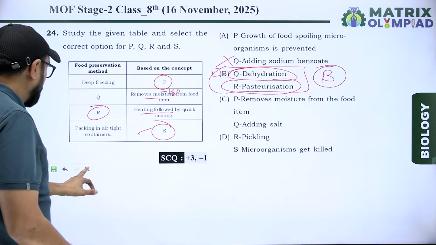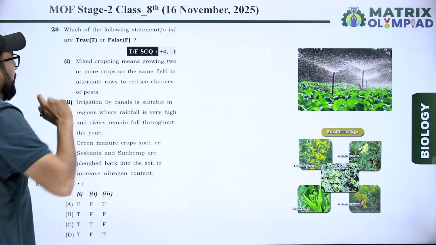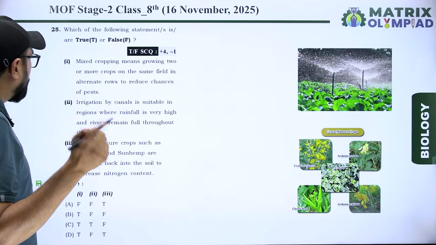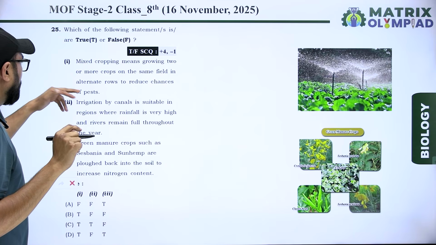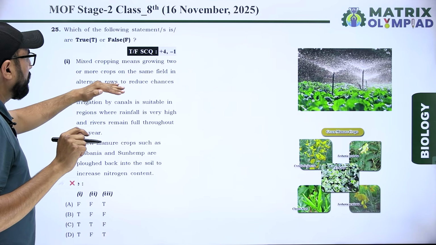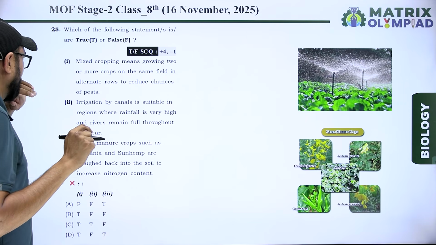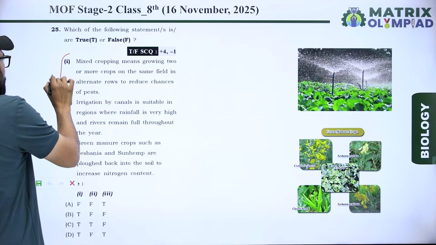Next question: which of the following statements are true and false? Mixed cropping means growing two or more crops on the same field in alternate rows to reduce chance of waste. No, that is not a good pattern, so this is wrong.